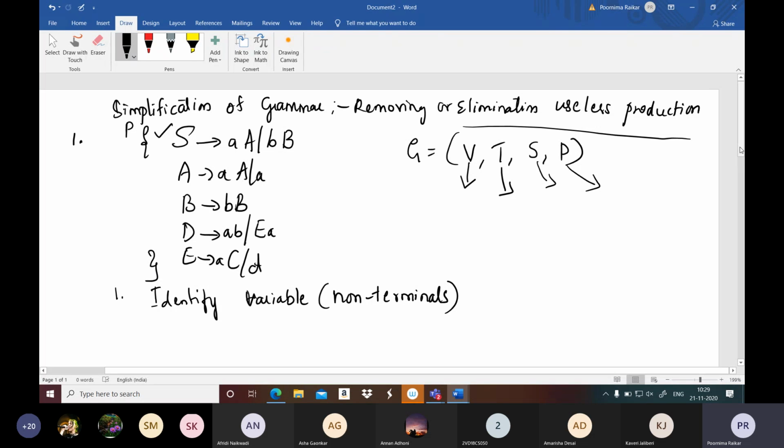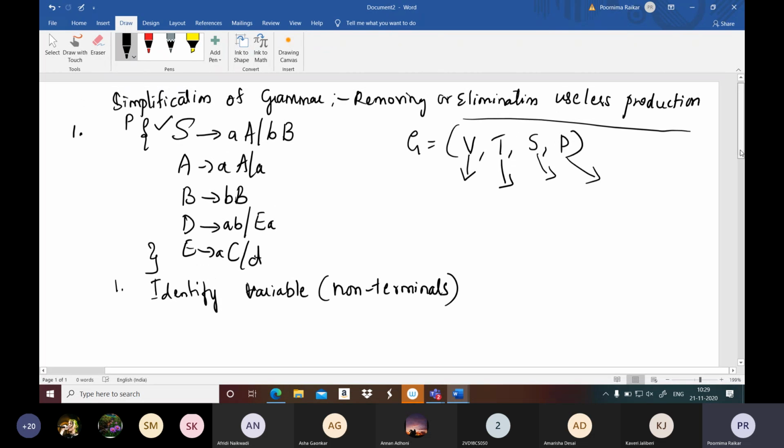So now we'll see the first step to remove useless production. First step is to identify the variables which tend to terminals, that means which can generate terminals.